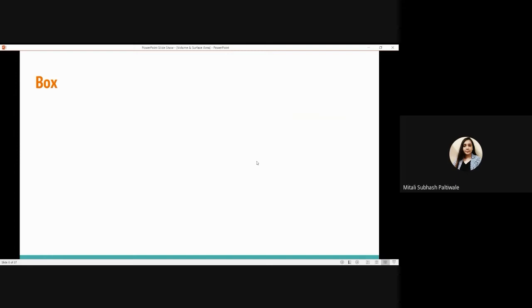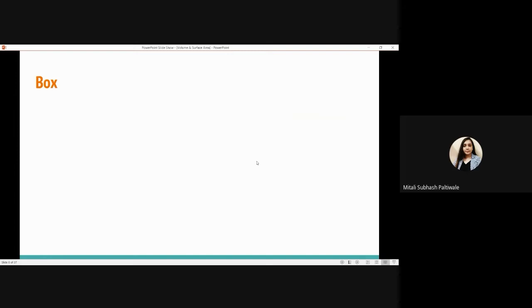That carton is nothing but a box made up of cardboard. It could also be any kind of box made of wood or something else. But always remember a box will also have some volume and some surface area.